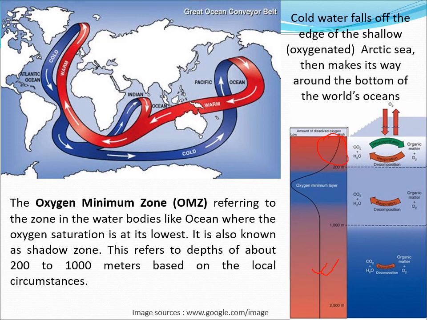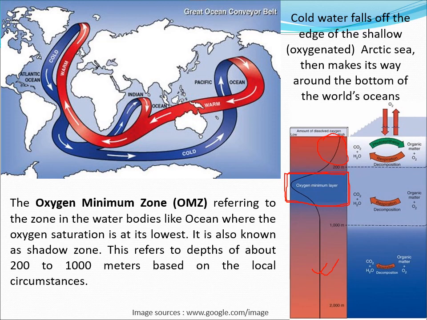So if you now see the entire ocean column, you can find that there is only a narrow zone, particularly from 250 to about 500 meter, where the ocean column is almost devoid of any free oxygen.